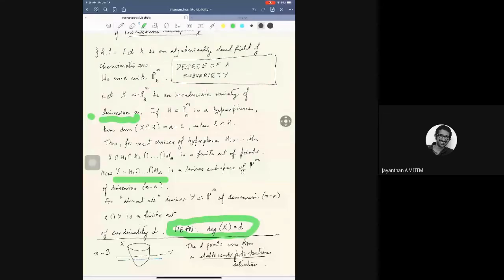It's got D points. And then one is right to ask what is the analog of Bézout's theorem.